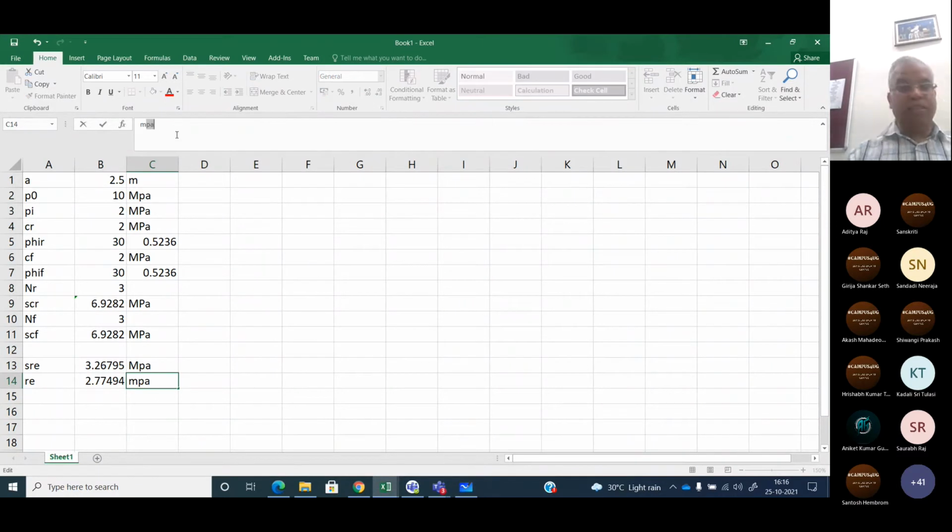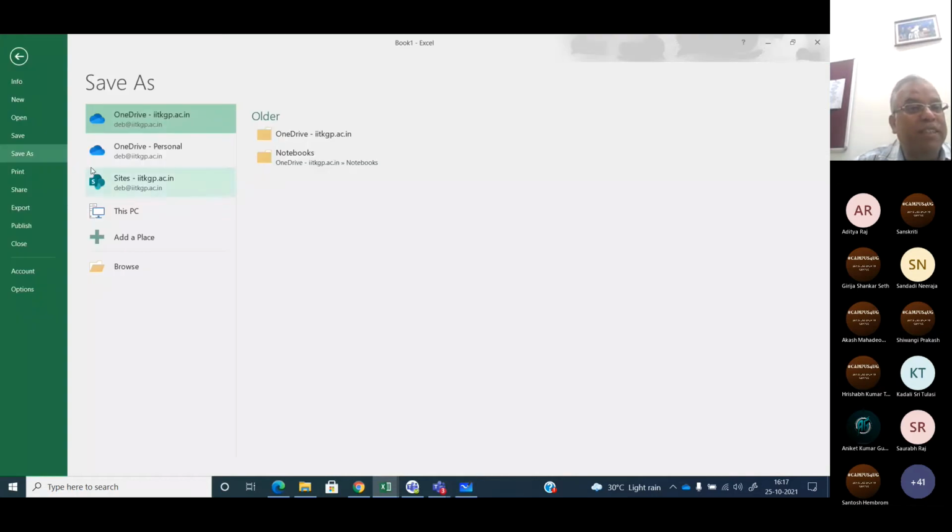So it is not much, only 0.2 something. 2.5 is already the radius. So the fracture zone is very little with this data. Now if I have to plot sigma theta theta and sigma RR for this condition, what will that be? Let me just save it, just a minute.